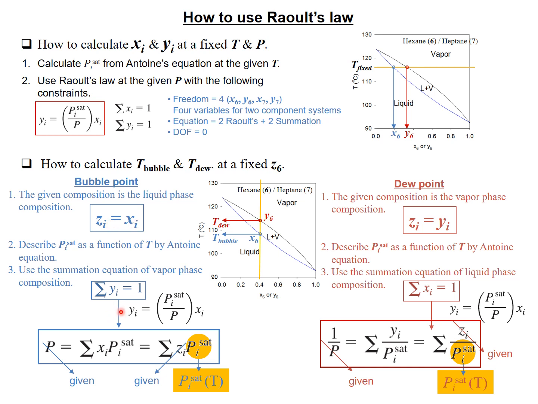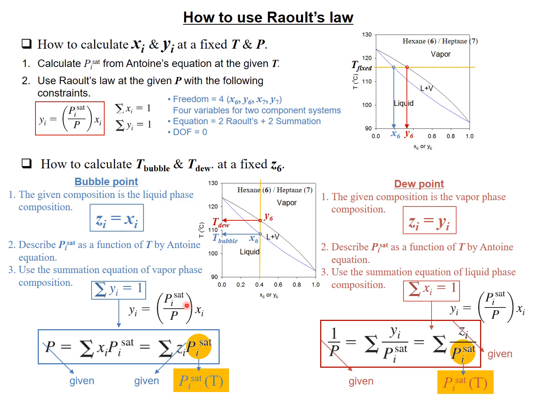But the vapor phase composition is calculated from Raoult's law with the Antoine equation. So the summation of Yi, the vapor phase composition, equal to 1 can be used for the calculation. Then Yi is equal to, like Raoult's law, Pi saturated, which is a function of temperature by the Antoine equation.